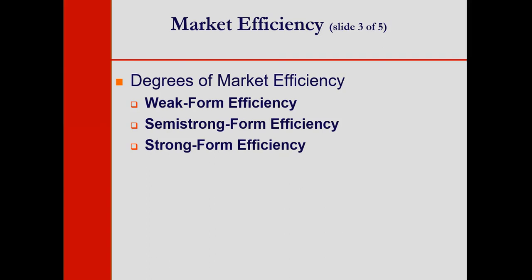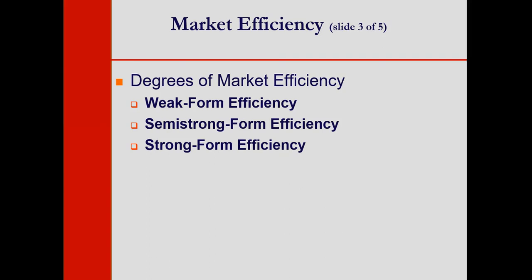In case of semi-strong form of market efficiency, any publicly available information, those past prices as well as, let's say, any announcement, the CEO is changing, Tesla is coming up with a new plan, any kind of new announcements. Everybody knows about those announcements and everybody can see the impact of them.